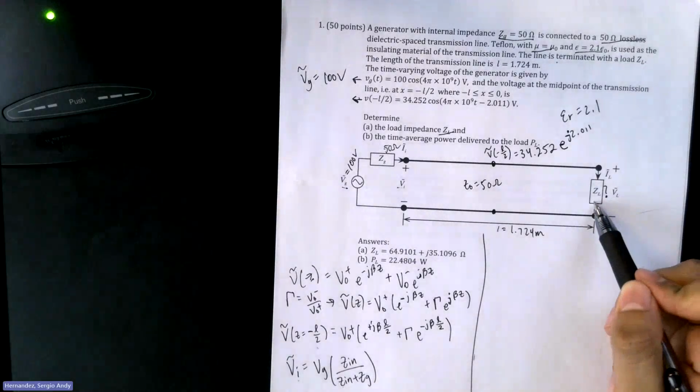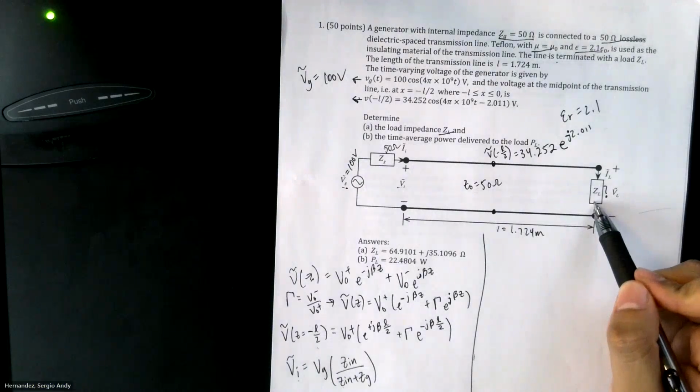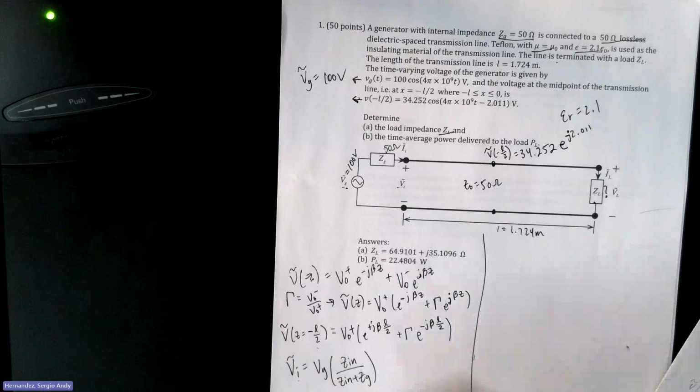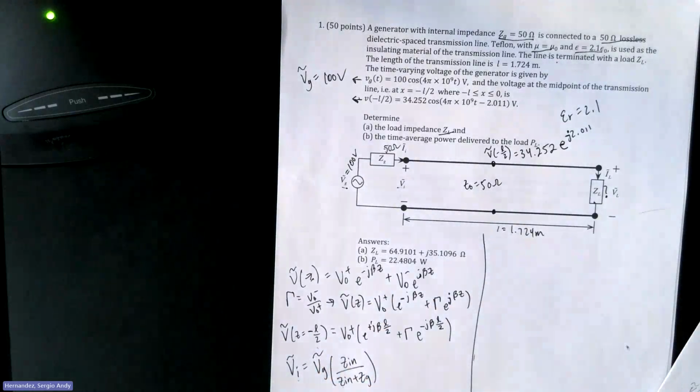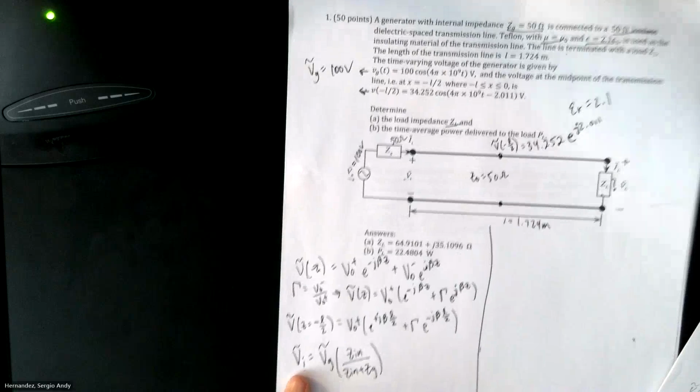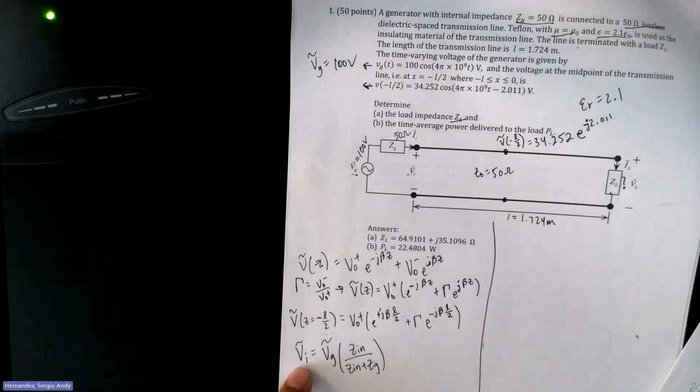You can't get Zin because it's dependent on ZL, which he didn't give you. So we have Vin unknown, VI unknown, and V naught plus unknown, so four unknowns, two equations. You can't do it. So what you guys do is, what else is this also equal to? What else is this also equal to?